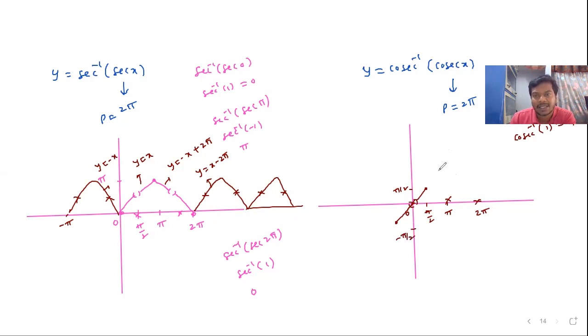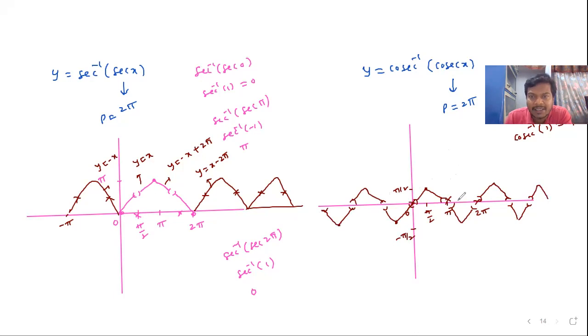So it does not exceed, then we get like this next, and then here. Next, like this. It extends in this way. Next, here, here. This is the graph.